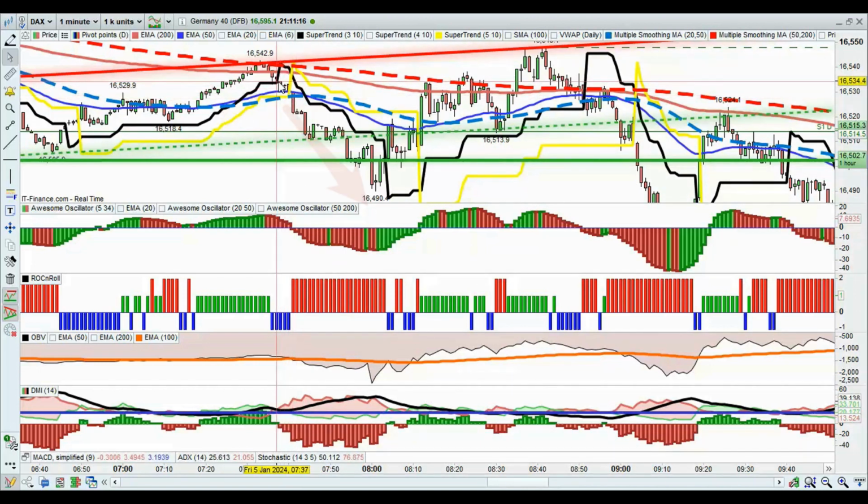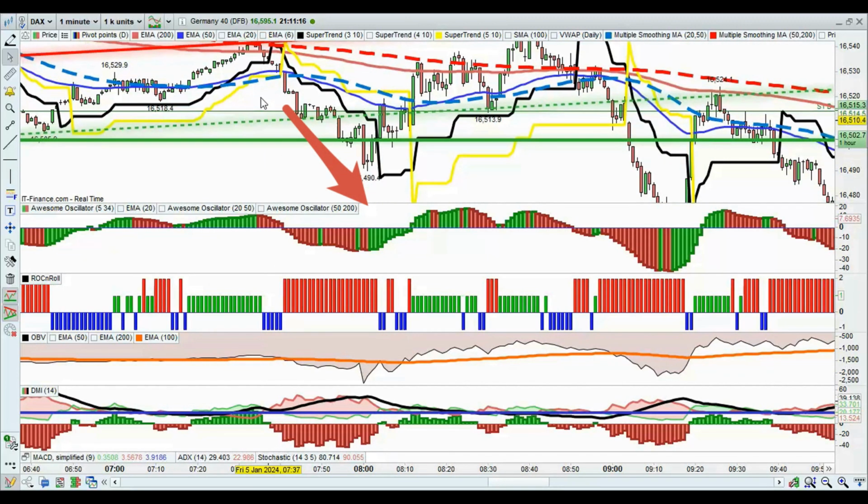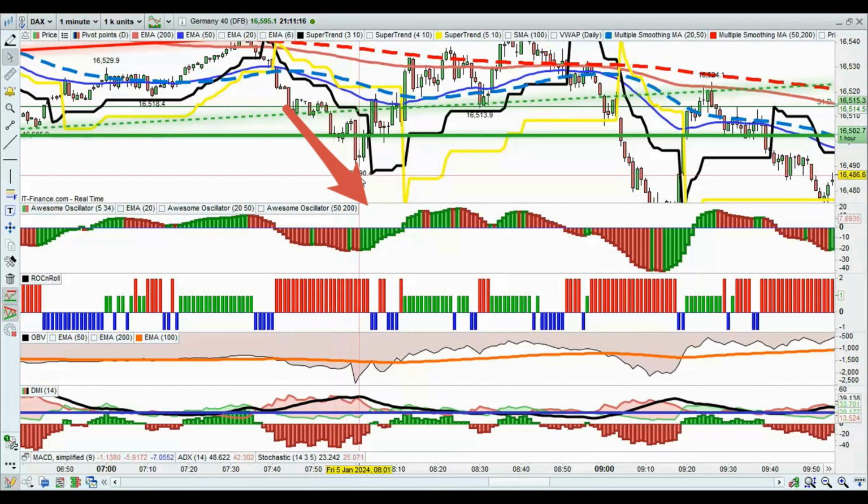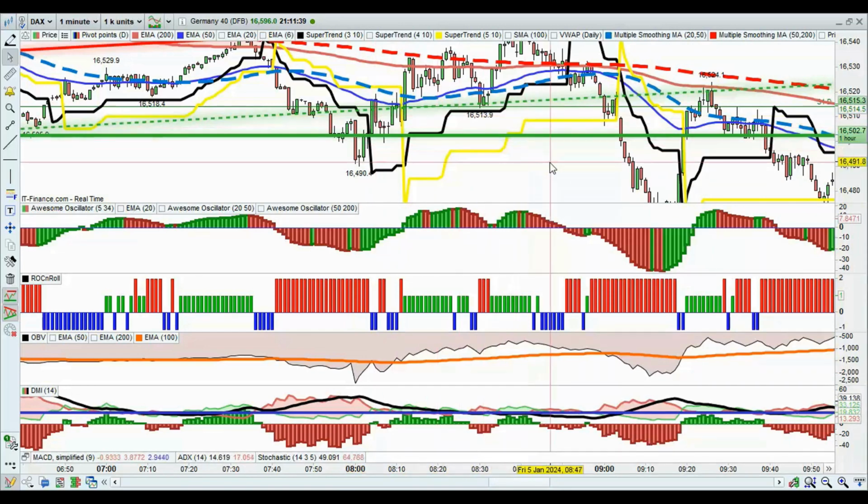As it fell from 16,534, it dropped to a low of 16,490 before starting to climb again. Now, what's significant here? Well, this was the London Stock Exchange opening. This is as far as it dropped, and then it started to climb as soon as London opened.